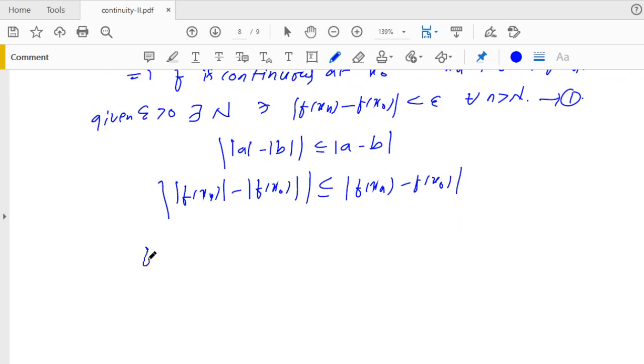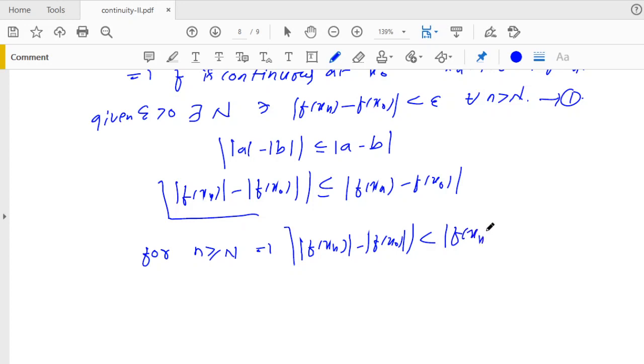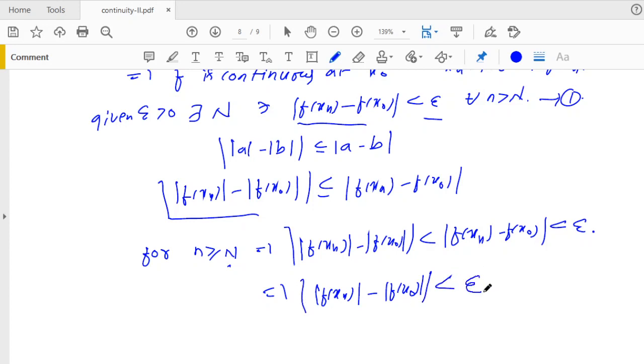Therefore, for n greater than or equal to N, this value is less than epsilon. This implies that for any n greater than or equal to N, mod of (mod f of xn minus mod f of x naught) is always less than epsilon.